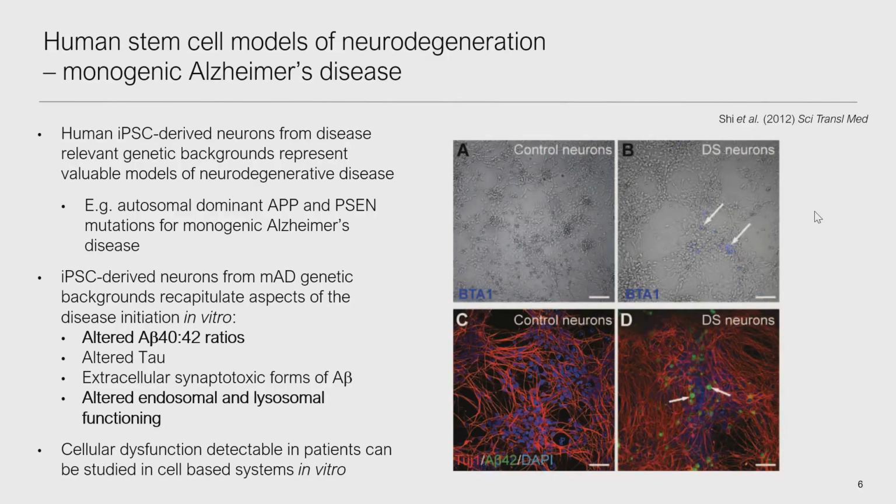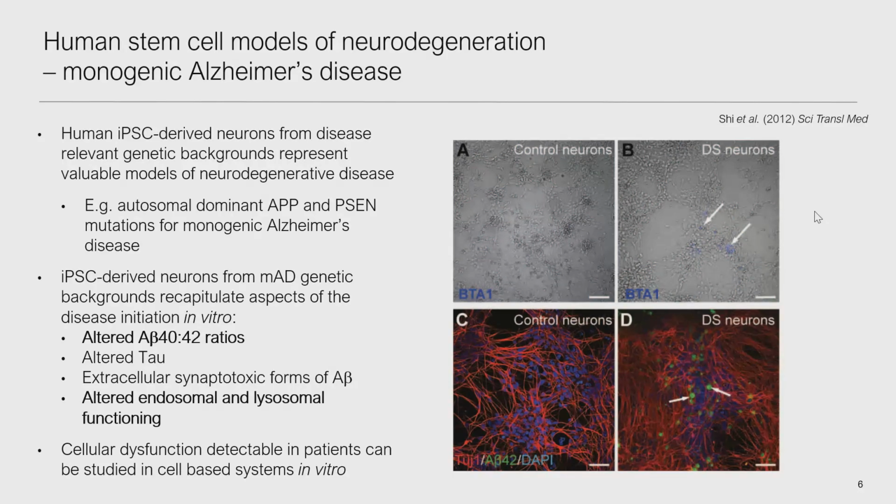In addition to the advantages of working on human systems, one thing that's really powerful about the iPS-derived systems is that we can work with neurons, microglia, and astrocytes from patient backgrounds. So we've particularly worked with autosomal dominant mutations that are causally associated with monogenic Alzheimer's disease and other different forms of dementia and neurological disease.